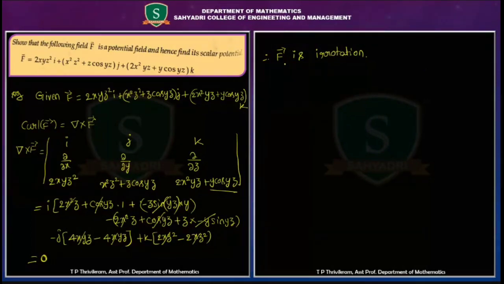So here F is an irrotational vector field, and what he has asked is that F is a potential field, right? Instead of irrotational vector field, you can write directly potential field, since curl F equals 0.